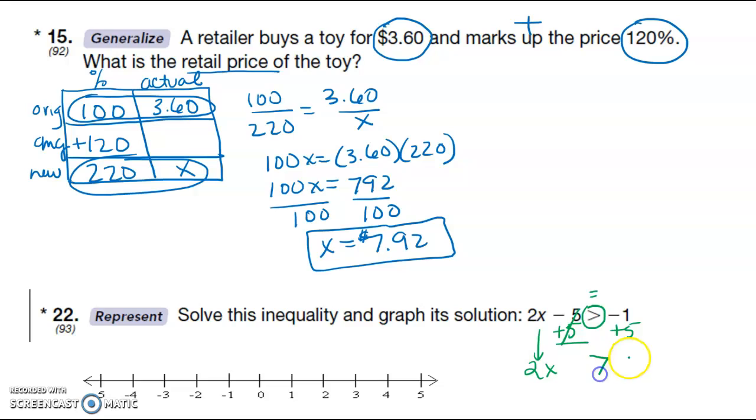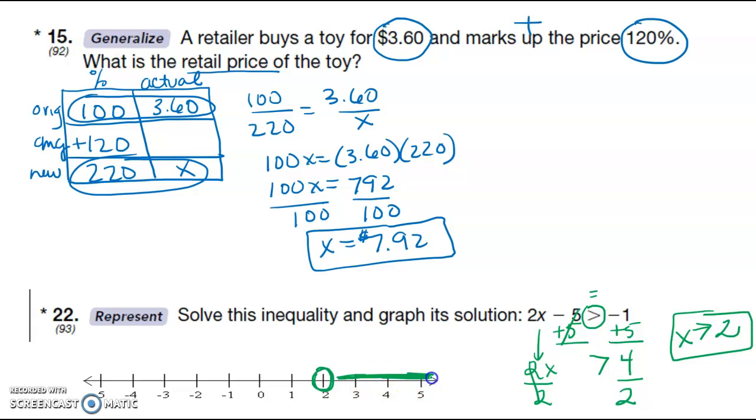We're trying to get the x by itself. Negative 1 plus 5 gives me positive 4. Divide by 2, divide by 2. The 2's go away. I get x is greater than 2. So here's 2. This arrow shows me that I'm going to highlight that.